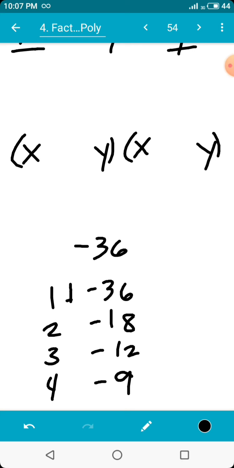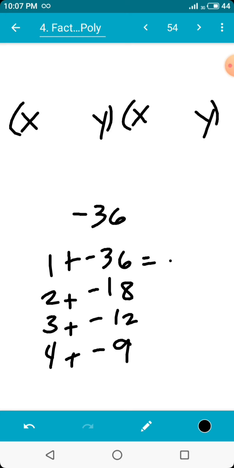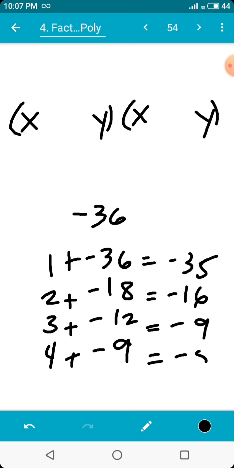So, add natin. So, dapat ang makuha natin ay negative 5. So, 1 plus negative 36, negative 35. 2 plus negative 18, that is negative 16. 3 plus negative 12, that is negative 9. And 4 plus negative 9, that is negative 5. Okay?